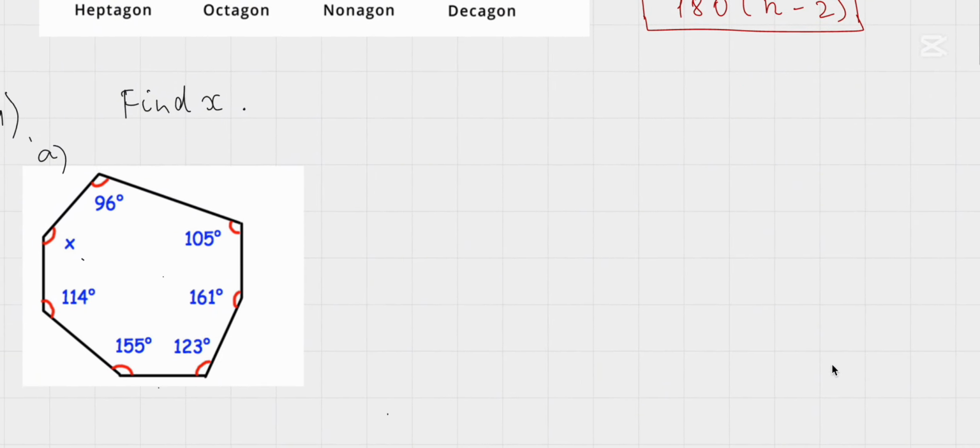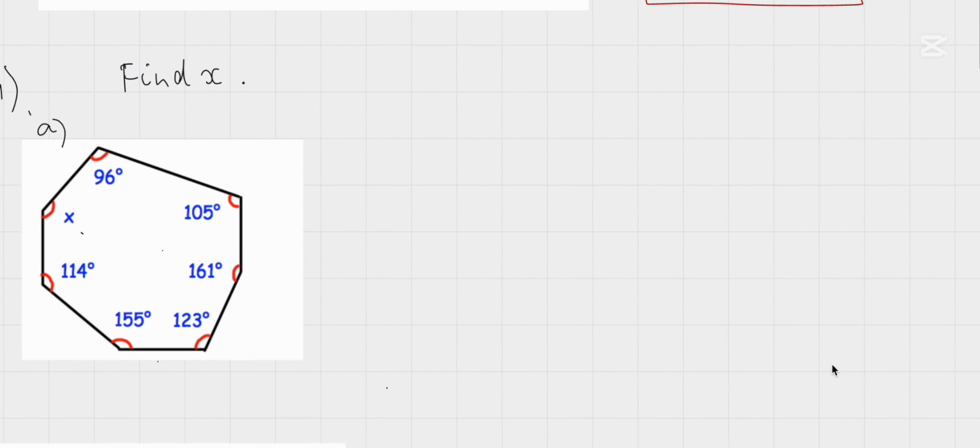First example. In this one, it says find x. First of all, we should decide how many sides we have so we can find its interior angle sum. So 1, 2, 3, 4, 5, 6, 7. Basically, we can say n equals to 7. Now let's find out what is its interior angle sum.